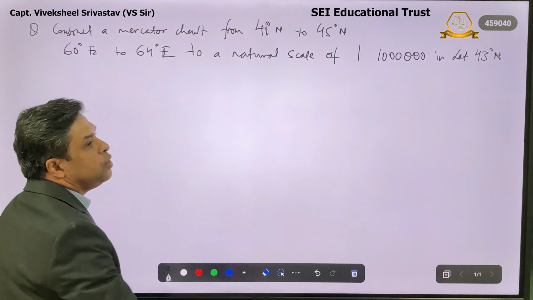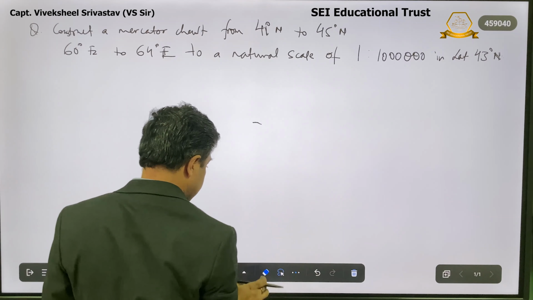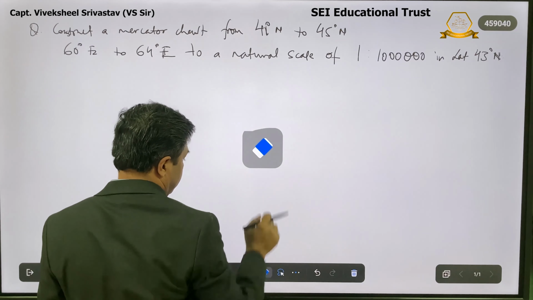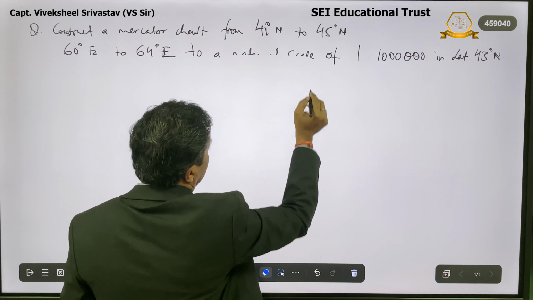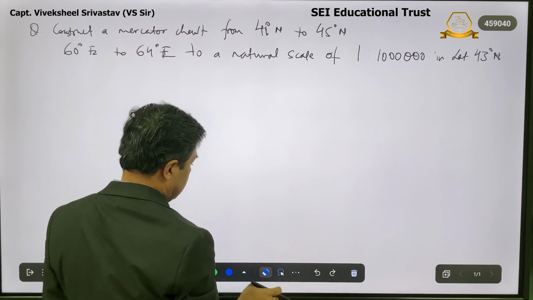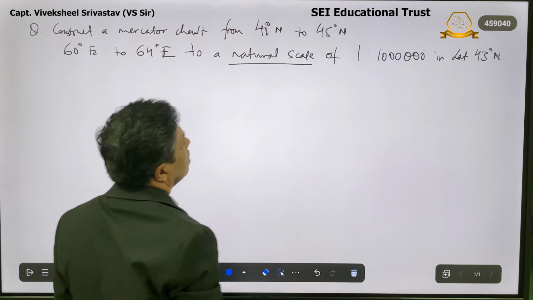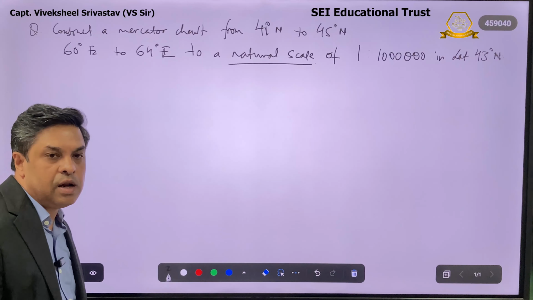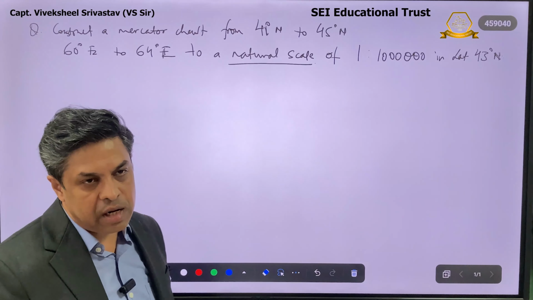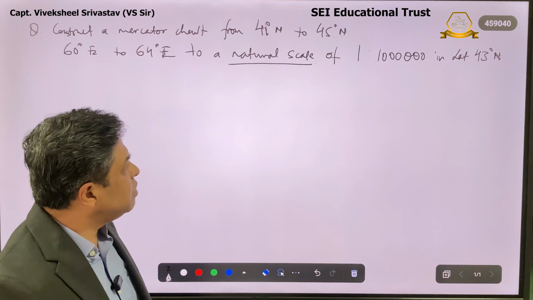Now there is a new word, natural scale, right? We have seen the longitude scale. We have seen the latitude scale, how it changes with latitude. Now there's something called natural scale.